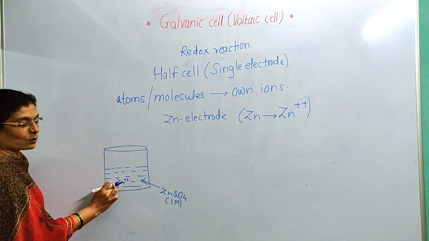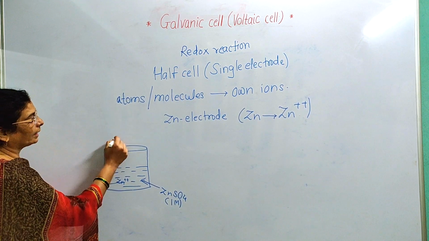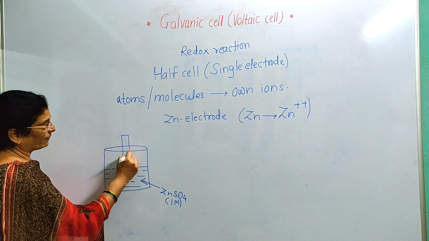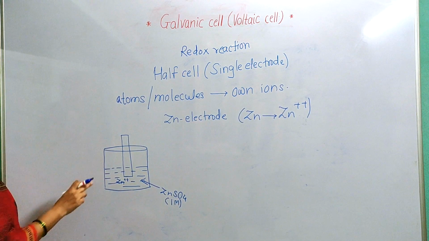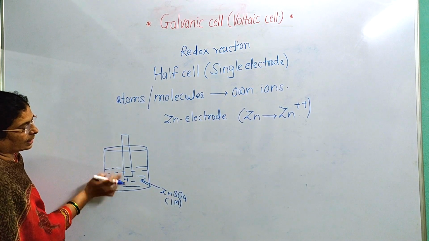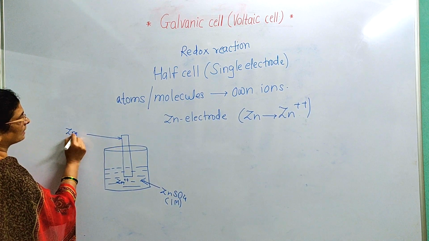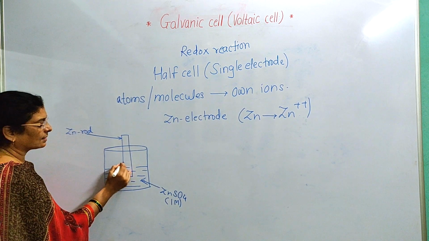Like this. Suppose the Zn plus ions solution we have taken, and in this solution we have to dip a zinc rod or zinc strip. The zinc rod is made up of zinc atoms.